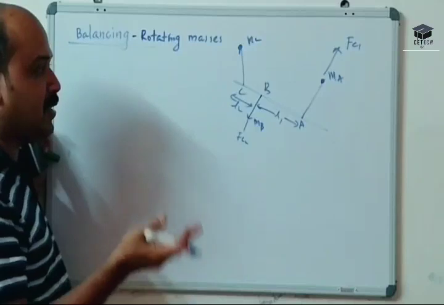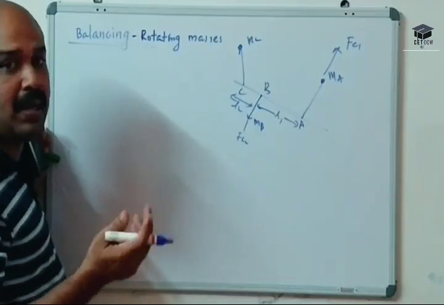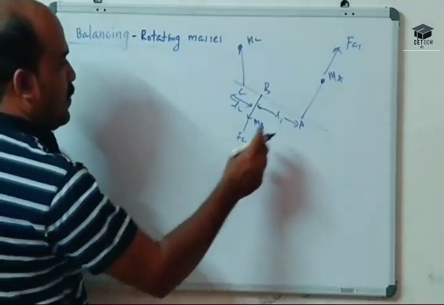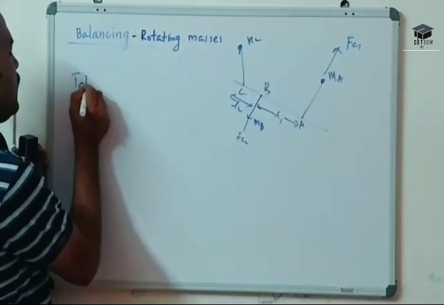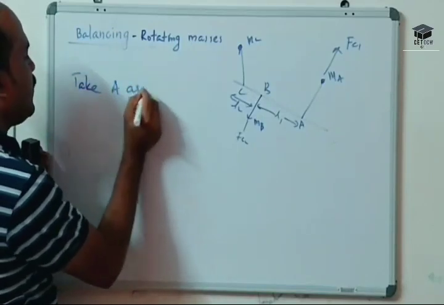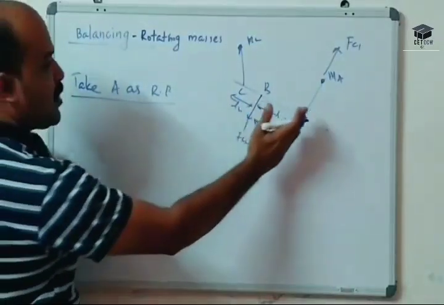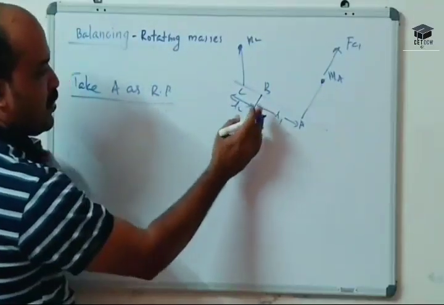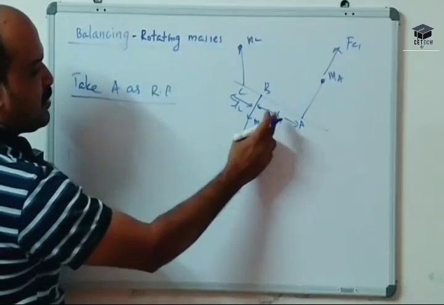It may happen that the force is balanced, but the moment may not be balanced. So let us check the moment. Say take A as reference plane. Now with respect to A, first you measure the distance between A and B. It is L1.